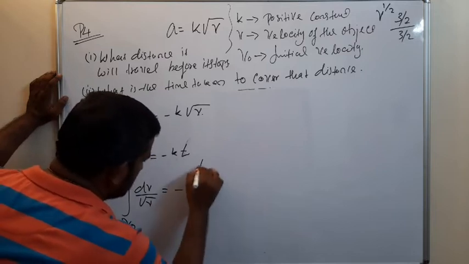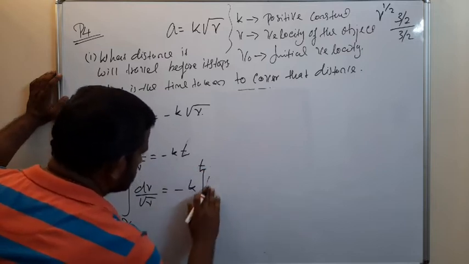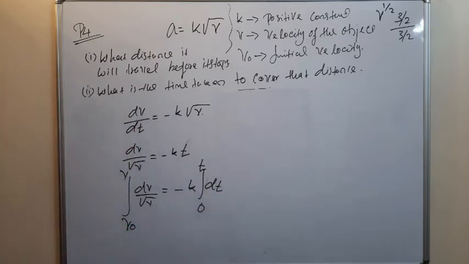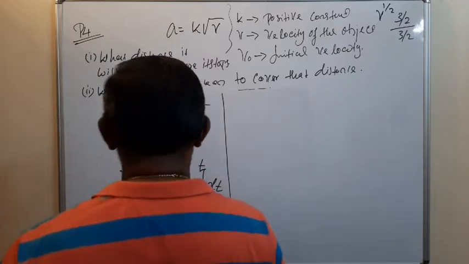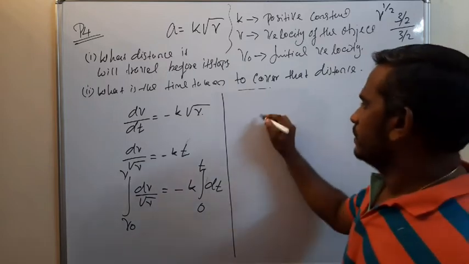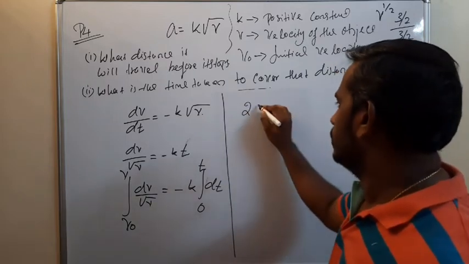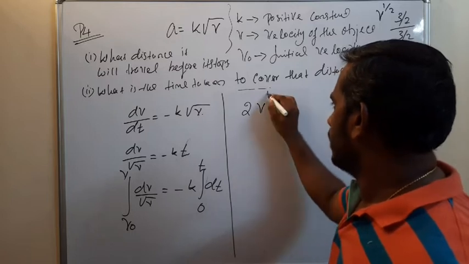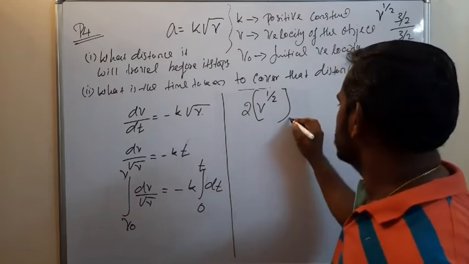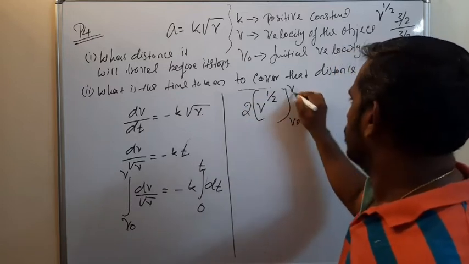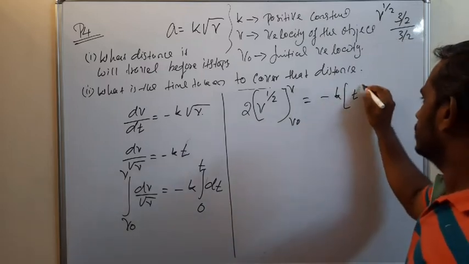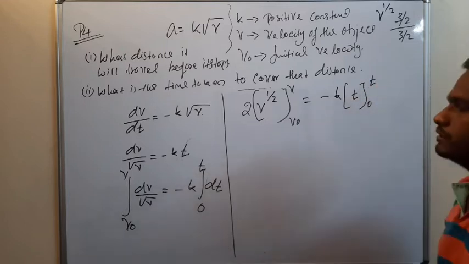of dt, where the time changes from 0 to t. So the integral of dv by root v is 2 v power 1 by 2, with limit v0 to v, equal to minus k t, with limit 0 to t.